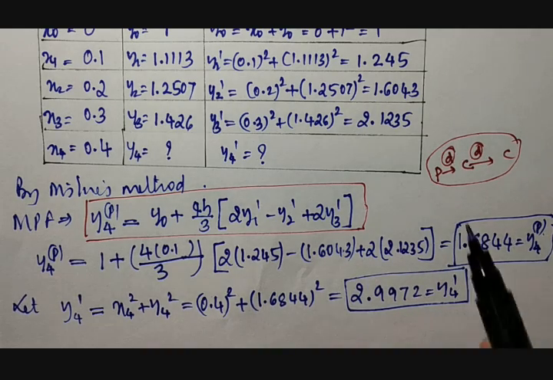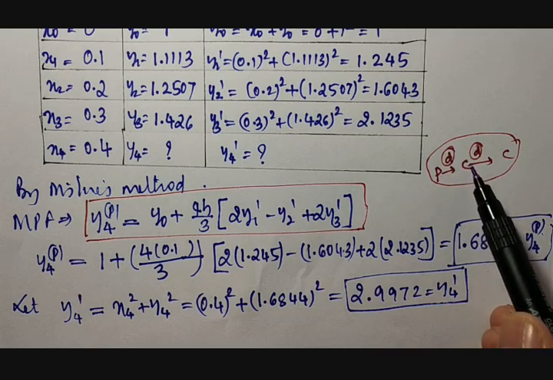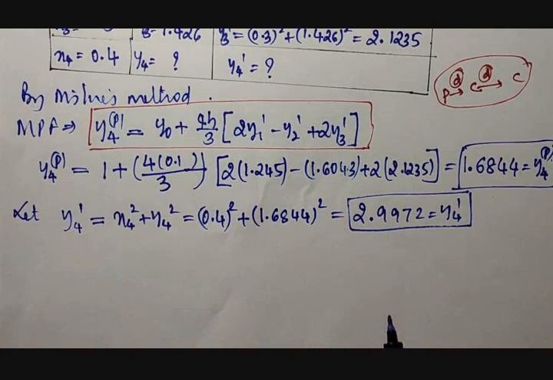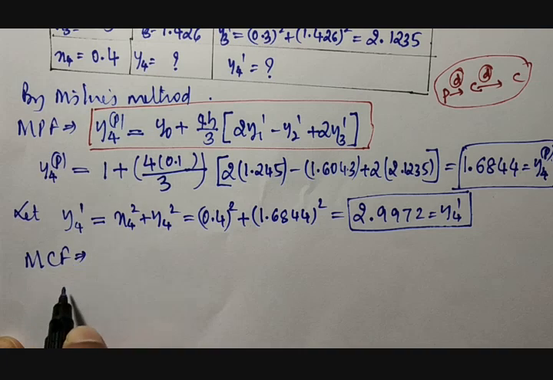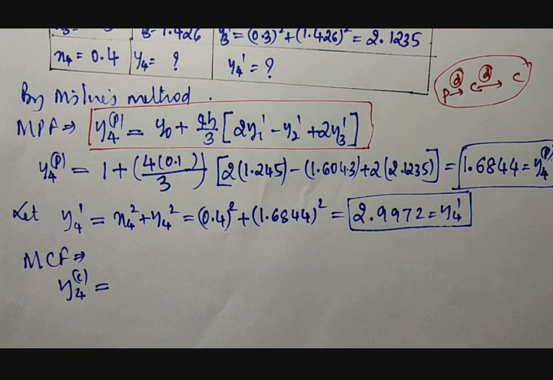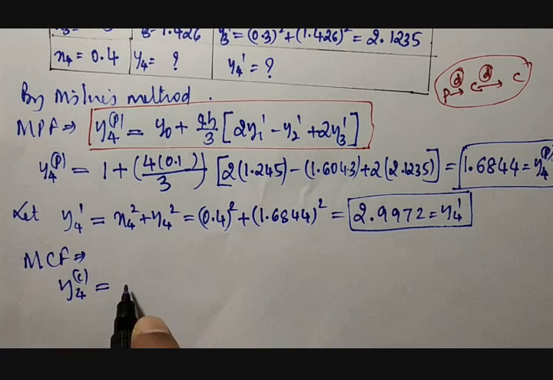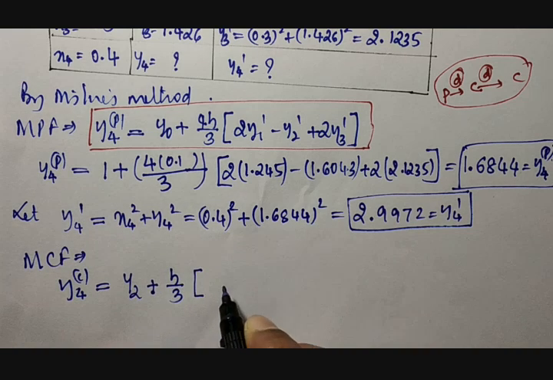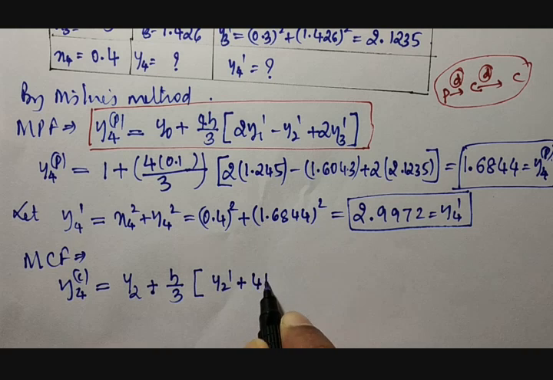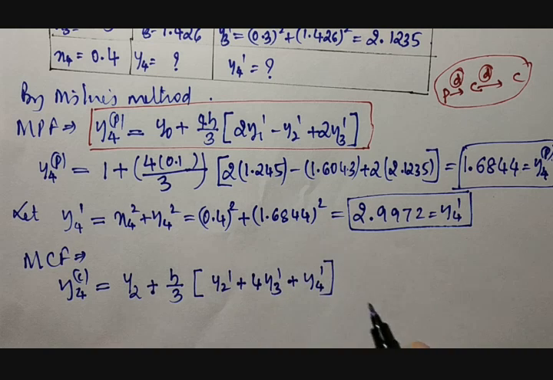Prediction to derivative to correction. Clear? Then Milne's corrector formula. What is that? Correction to y4 is equal to, what is the formula? y2 plus h by 3 into y2 dash plus 4 times y3 dash plus y4 dash.